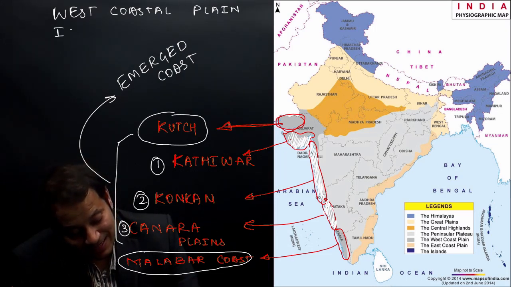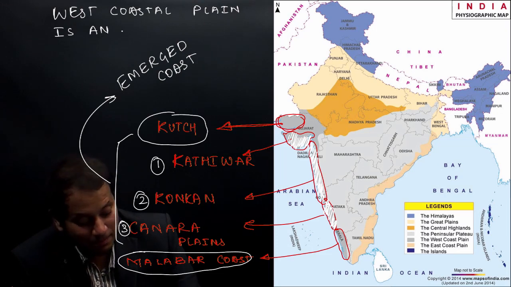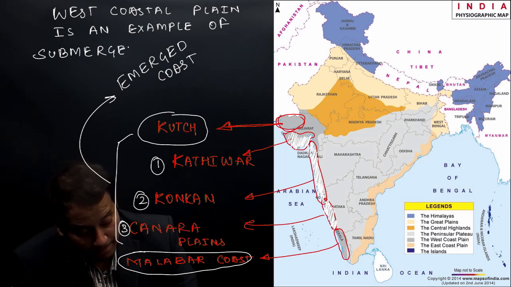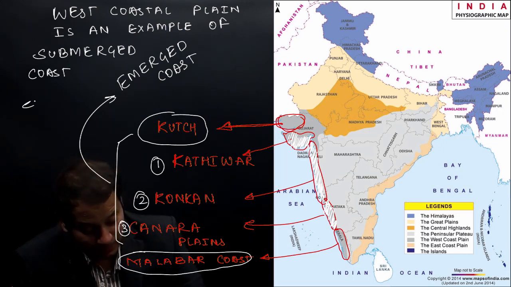So the west coastal plain is an example of submerged coast, except which two coastlines?